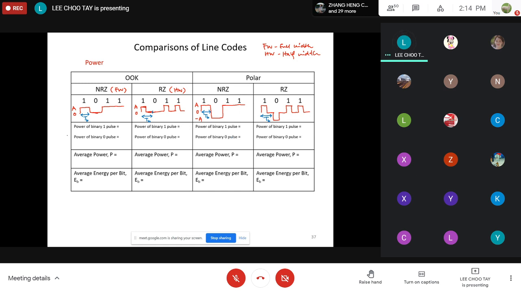So looking at the binary stream or the electrical waveform that we use to transmit the binary stream, what is the power of the binary 1 pulse? To transmit a binary 1, what is the power used, given the amplitude is A?